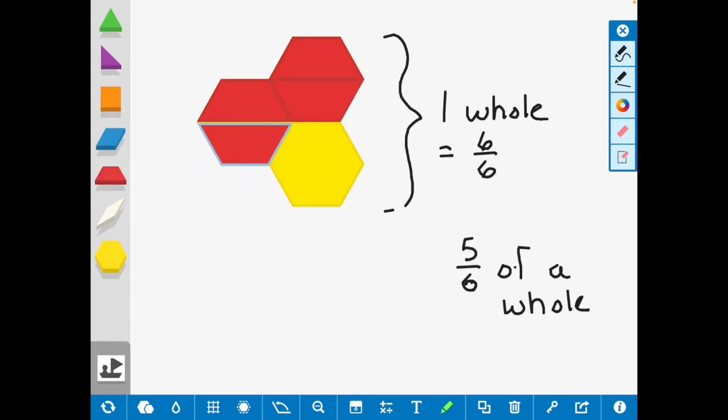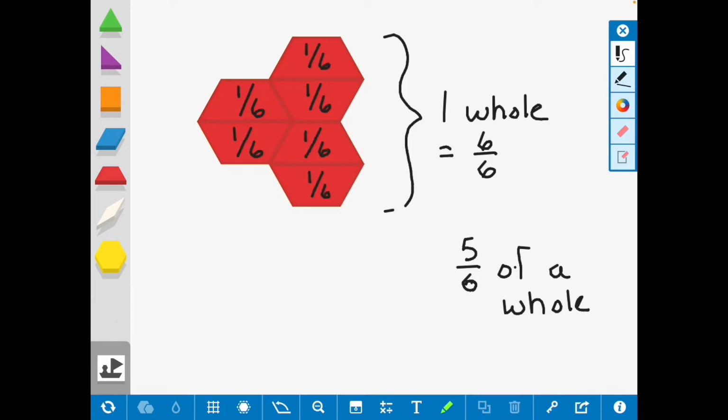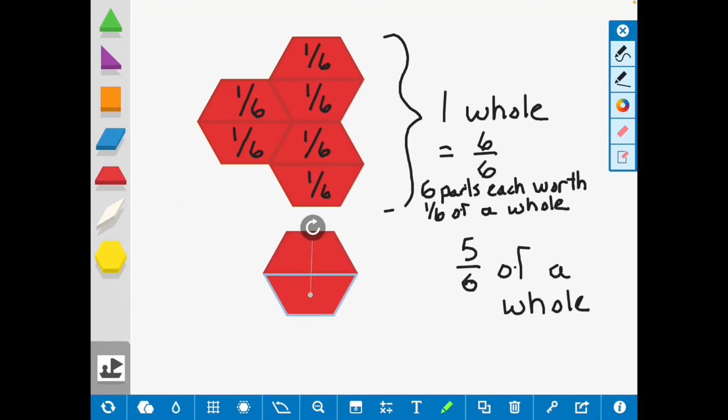Since I have 3 hexagons, I'll just repeat this, and that'll give me a total of 6 equal parts. I have 6 parts, each worth 1/6 of a whole. In order to show 5/6 of the whole, I need 5 parts, each worth 1/6 of the whole.